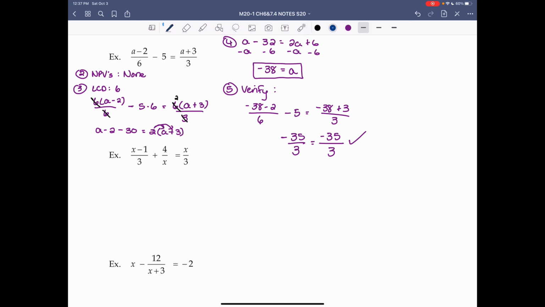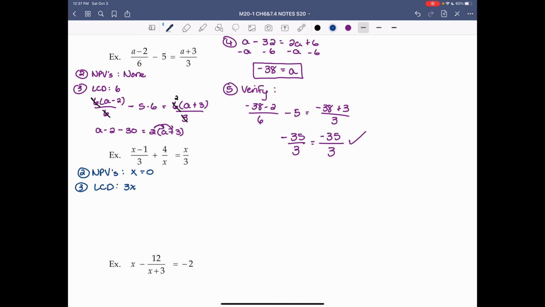(x plus 1) over 3, plus 4 over x, equals x over 3. Step 1, we can't factor anything. Step 2, non-permissible values. We have an x as a denominator, so x equals 0 is an NPV. Step 3, multiply by the lowest common denominator, which in this case would be 3x.